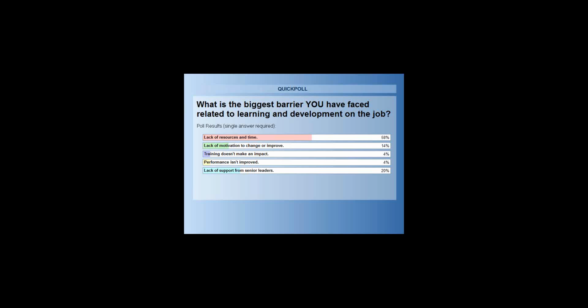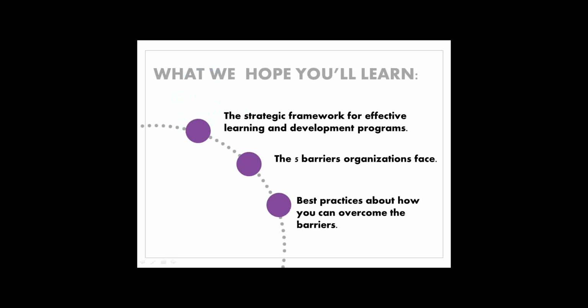And one of the things we're going to talk about as we get into the barriers, some of which tie into that poll question, is that the barriers will look and feel different based upon culture and from organization to organization. So, interesting poll results. Thank you all very much for participating. We really appreciate that. It's always a good place to start the conversation.